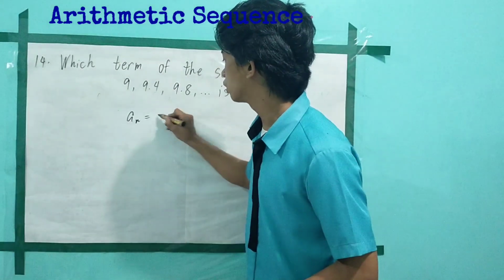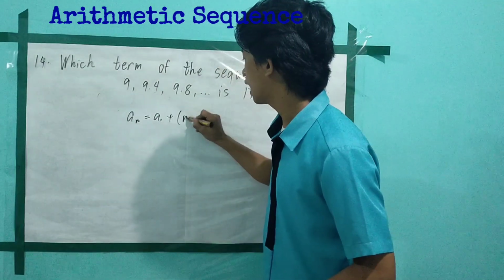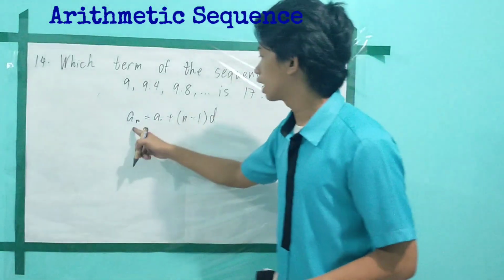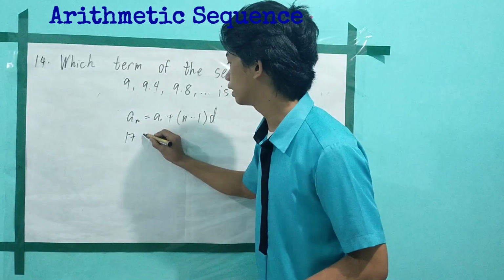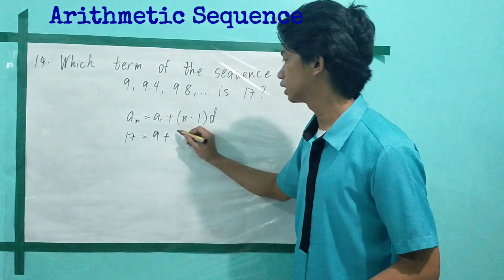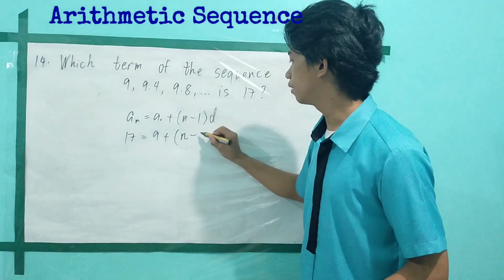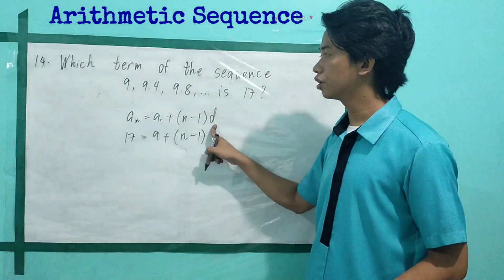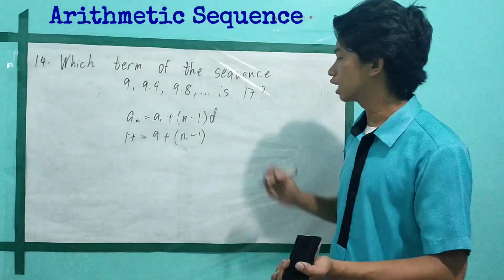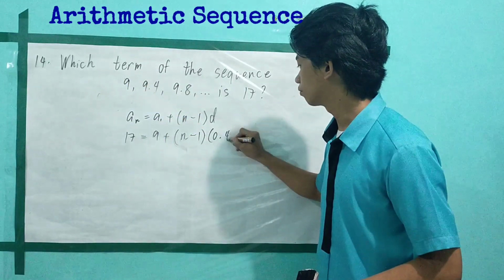A sub n is equal to a sub 1 plus n less 1 multiplied to the common difference. Okay, ano ang ating a sub n? We have 17 is equal to a sub 1, we have 9 plus number of terms, hindi natin alam, less 1 multiplied to the common difference. Anong common difference natin? 9.4 less 9, we have 0.4.